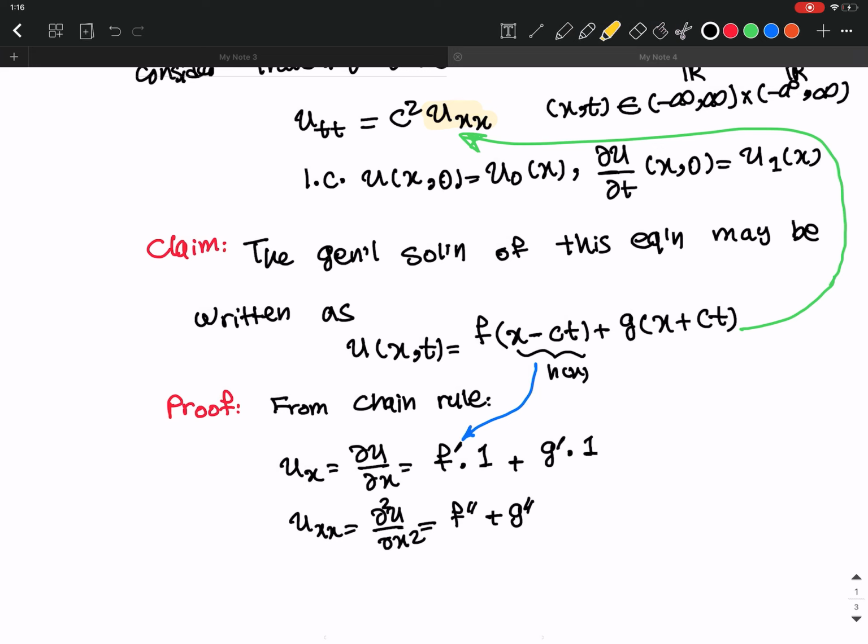And now I want to find the second derivative of u with respect to time.